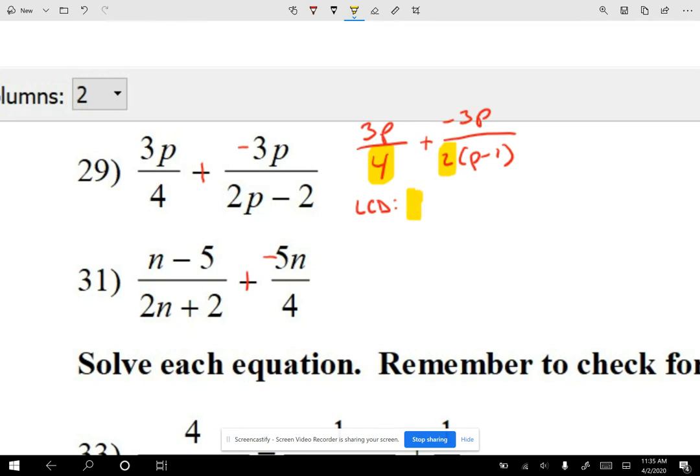The smallest number in this case will have to be 4. So I'm looking at my factors that are just numbers. Then I look at my parentheses. So I must include that in my LCD.